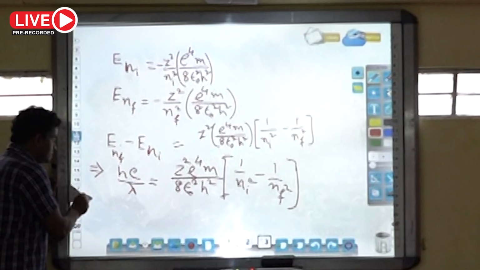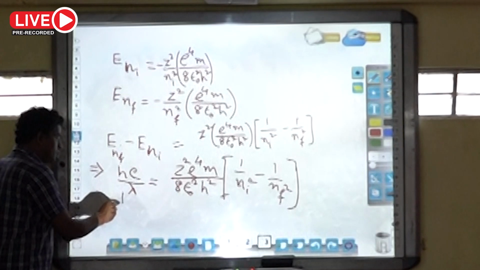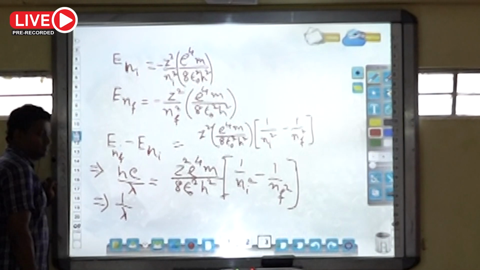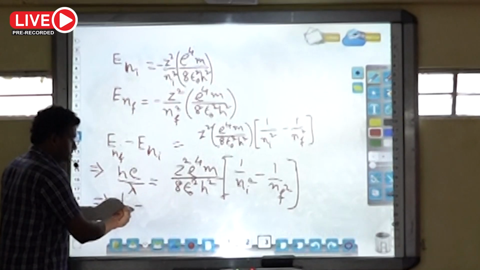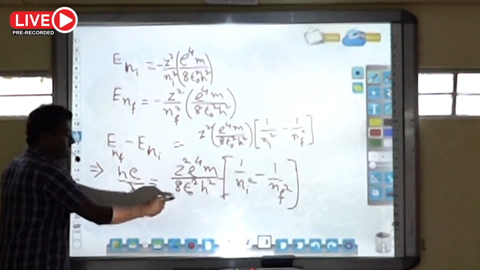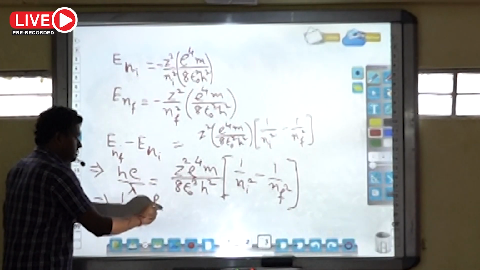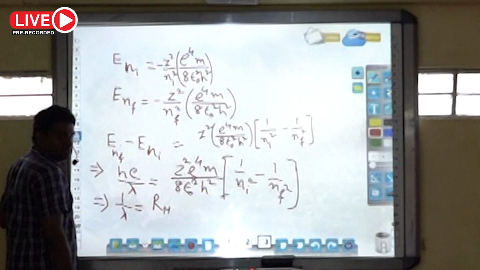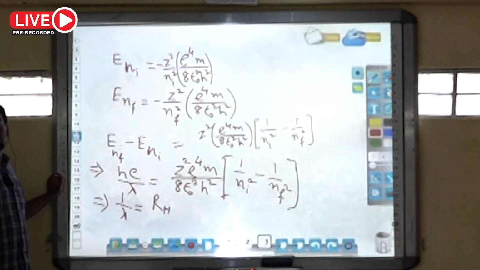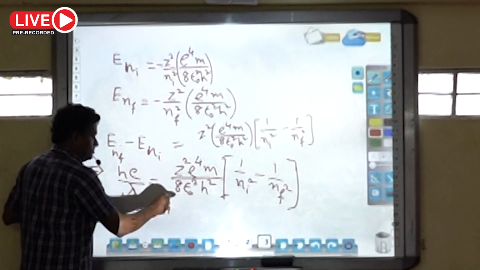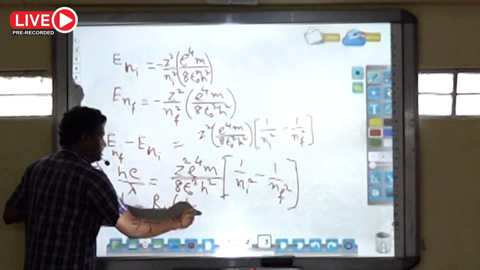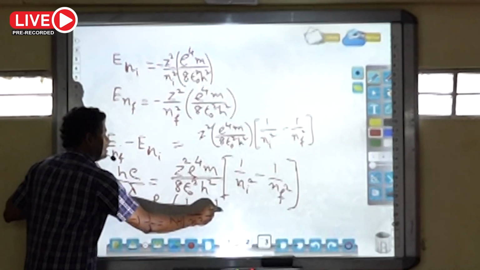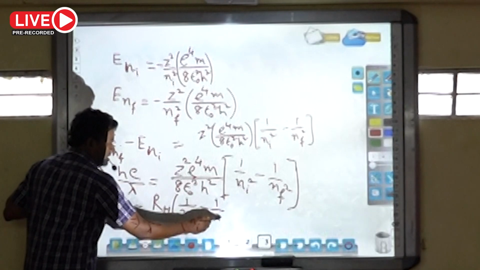Now we can write 1 by lambda equal to this, hc will be divided here, written as R_H, called Rydberg constant, times 1 by Ni square minus 1 by Nf square.